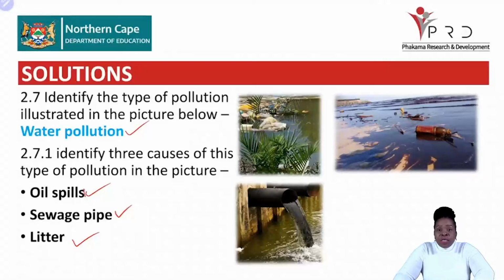We are always advised to reduce, reuse, and recycle. So do not just throw litter anywhere, otherwise it will pollute our water. So always throw your litter responsibly by reducing, reusing, and recycling. Right.